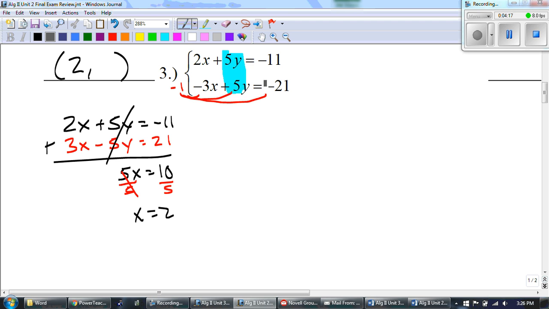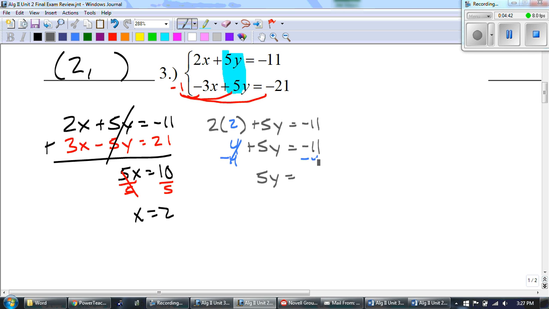Now I plug back in, and I can plug back into the top or the bottom. I'm going to do the top. So I'm going to plug in a 2. 2 times 2 is 4, plus 5y equals negative 11. I'm going to subtract the 4 from both sides.